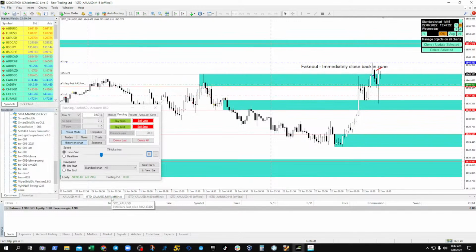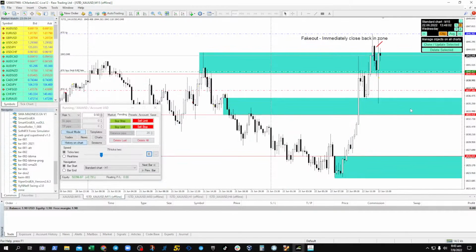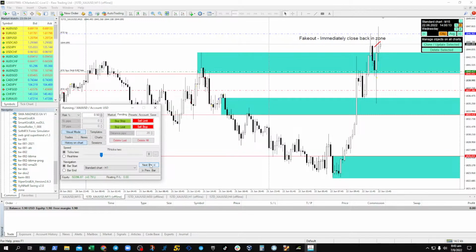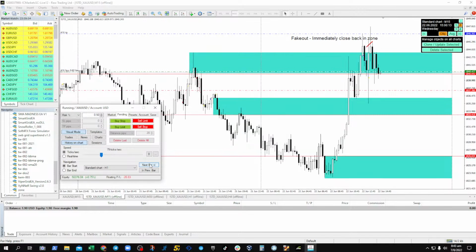That's a huge M15 candle. Is it gonna give us the entry or not? Okay, let's forward the bar. Nope, it doesn't give us the entry. Oh, wait a minute. Up. Okay.